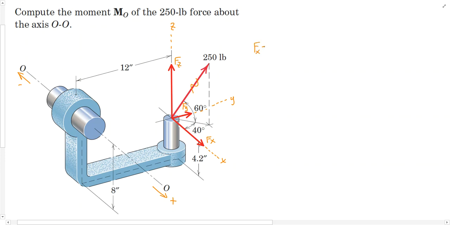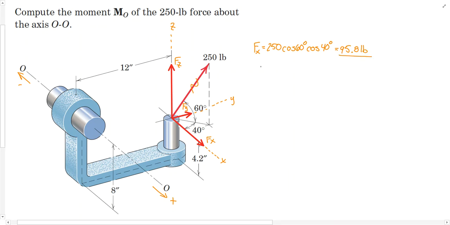And Fx would be 250, and then the cosine of 60 would drop the force down into the xy plane, and then times the cosine of 40 degrees would move it over to the x-axis. That would be 95.8 pounds.